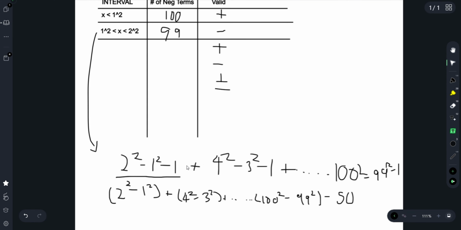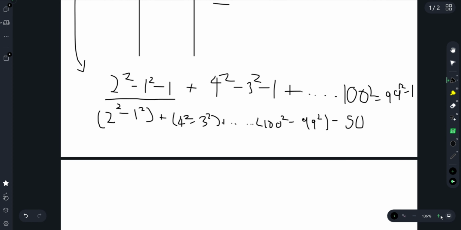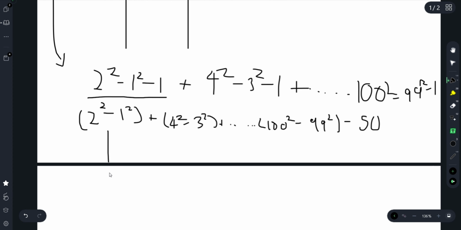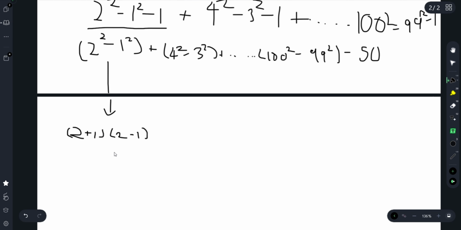Now that we know this looks like a difference of squares, we can simplify this. This will turn into (2 plus 1) times (2 minus 1), which is 3. So now we get 3 plus 7 plus dot dot dot.